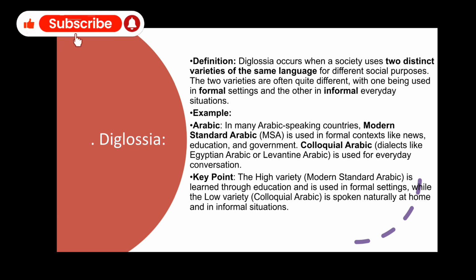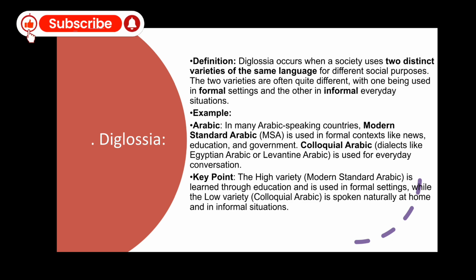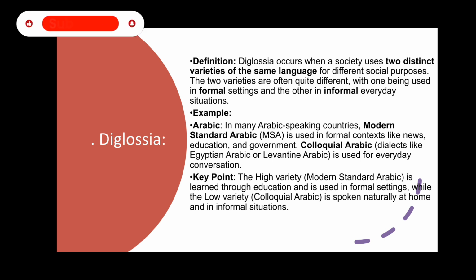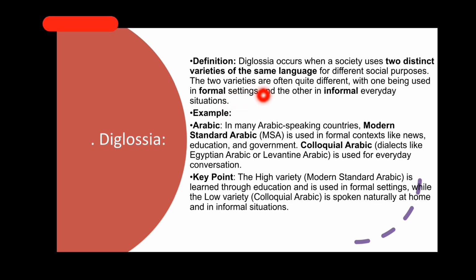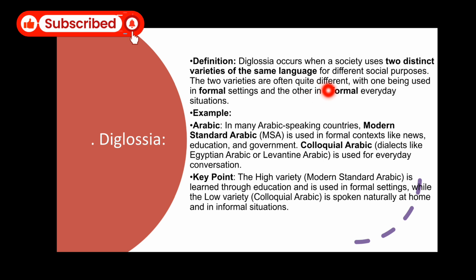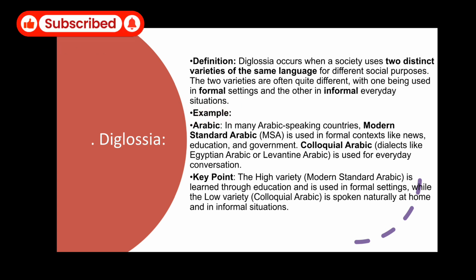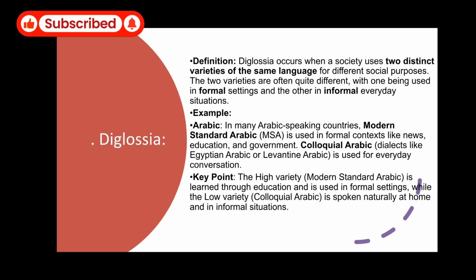Just keep in mind some of the things you have to remember when we are making similarity and contrast between register and diglossia. So the two varieties of the same language are quite different, with one being used in formal settings and the other in informal everyday situations. So sometimes it is difficult for people, or there is less intelligibility.